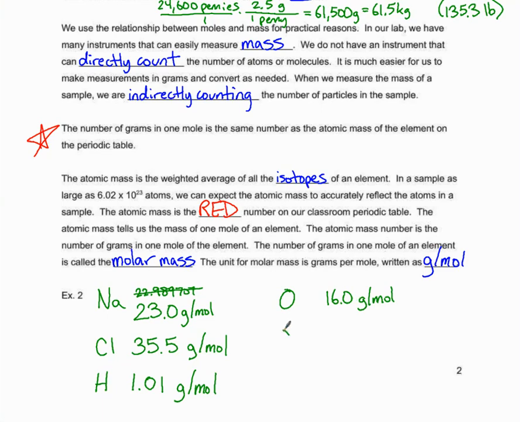A couple of other common ones: carbon, 12.0107, that rounds to 12.0 grams per mole. Nitrogen, 14.00674, 14.0 grams per mole.